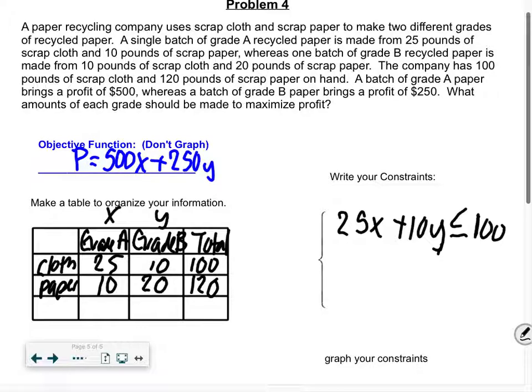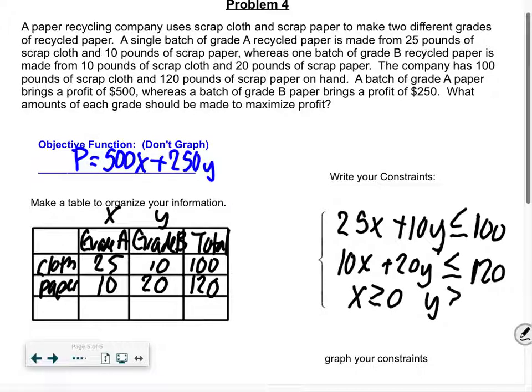Then my paper equation, 10x plus 20y, also maxed out there at 120. Also, can I have negative cloth and paper? Nope. So x bigger than or equal to 0, y bigger than or equal to 0.